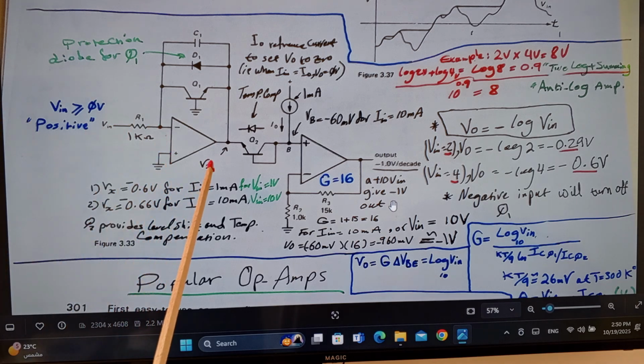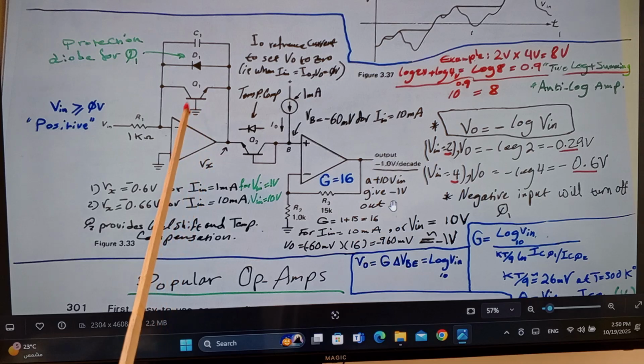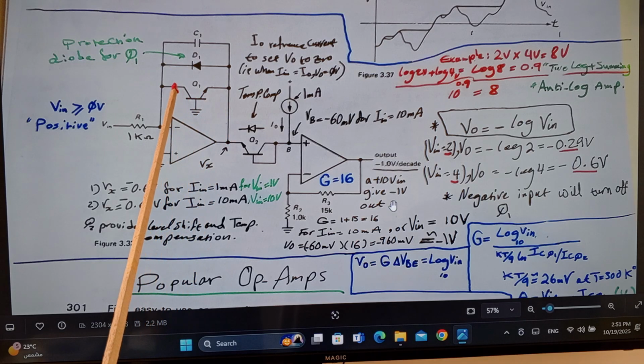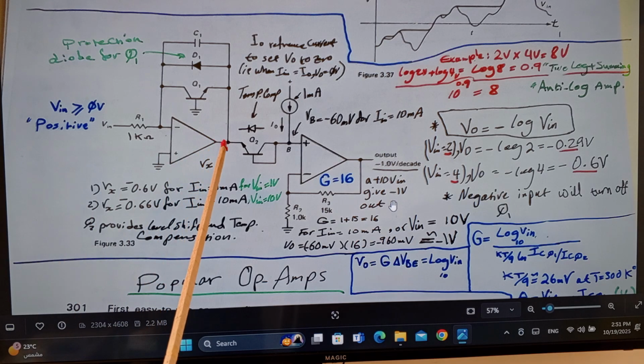And that means a 1 milliamp must go through the emitter of that transistor, through the collector, to make sure that that point is virtual ground. And that 1 milliamp will increase VBE by a value related to the 1 milliamp.